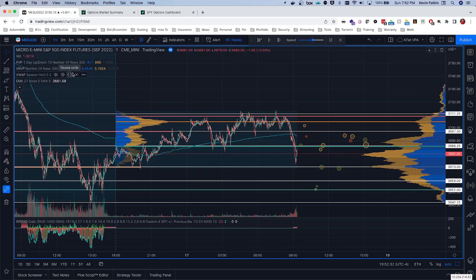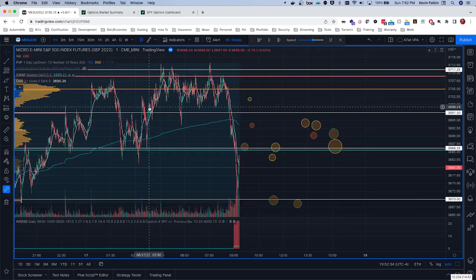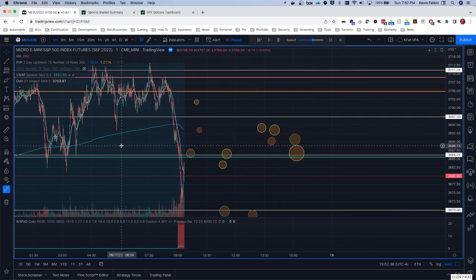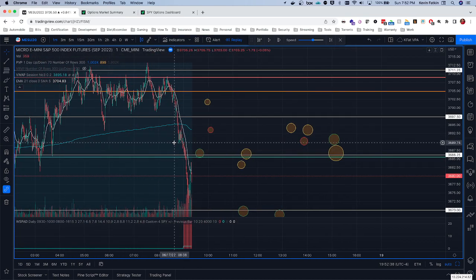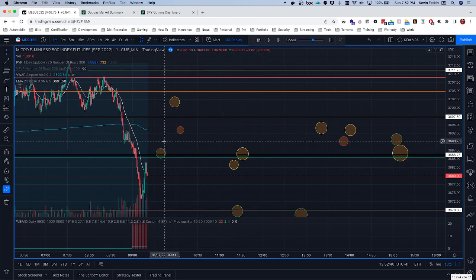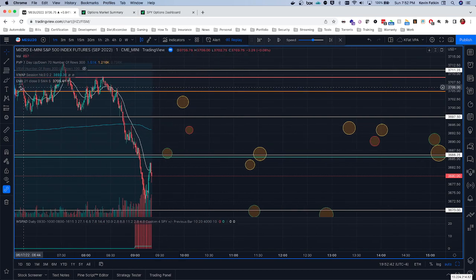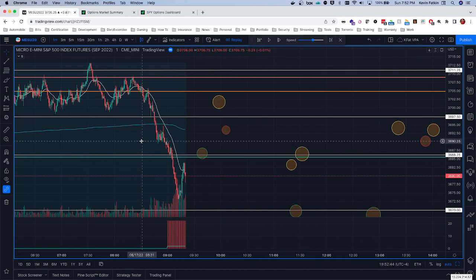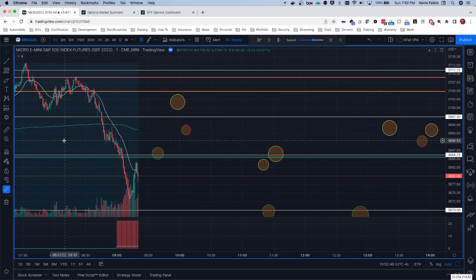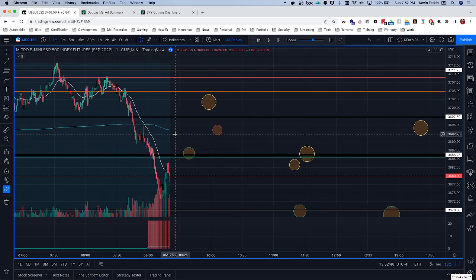So let me turn off the visible range volume profile and get zoomed in here so we can see how the day began. Again, surprisingly, I didn't add a single level the entire day. All the levels that were marked from the pre-market price action and the previous day price action held quite well today. So I'll go ahead and hit play.